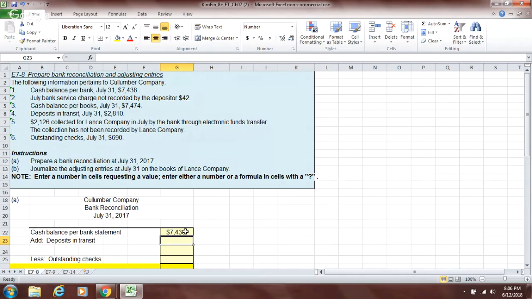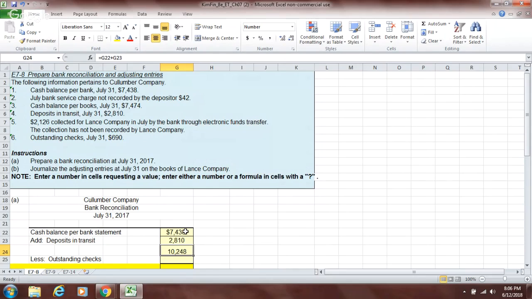They are in transit. If we see item number 4, it says that we have 2,800 deposit in transit. So we have to add them up, and we're going to have 10,248.